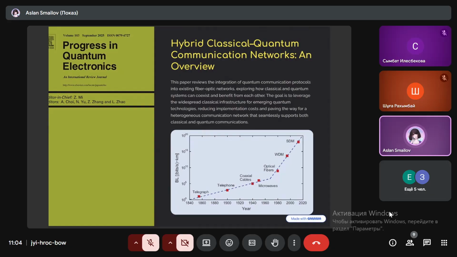And back to those words that I said before, quantum networks are networks which transmit information using photons in quantum states like qubits. Okay, and why is the topic called hybrid classical quantum communication networks?